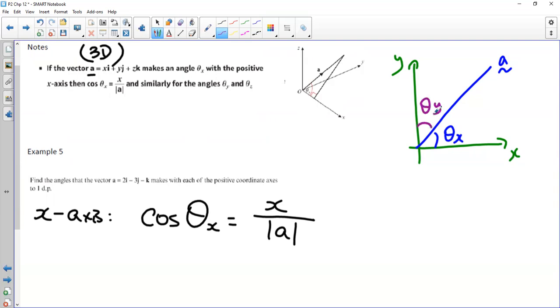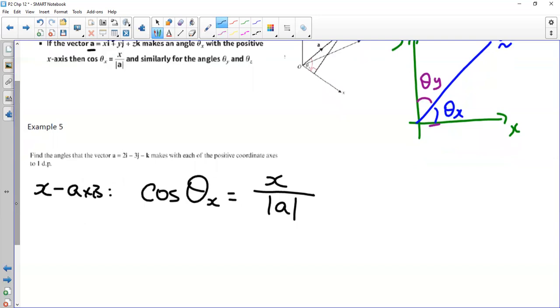For 3D, there'll be a theta z because there is a third axis. So theta x means the angle between the vector and the x-axis. Anyway, this is the formula.